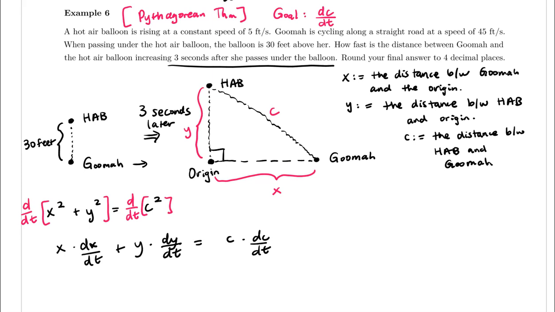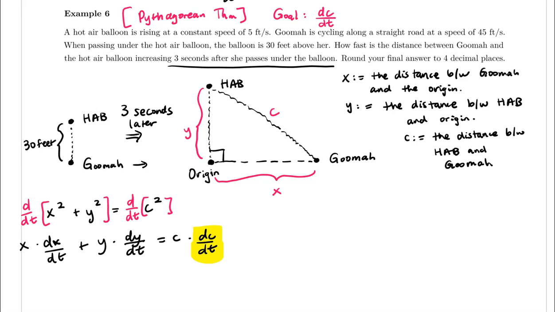And so we end up with this lovely equation here. And our goal is to find dc/dt, which means every other unknown value we should be able to come up with. Okay, so now we need to figure out all of these unknown values.